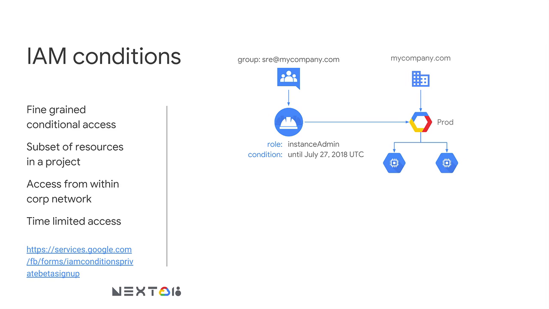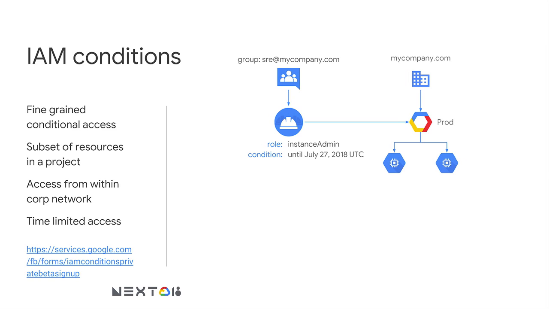This allows admins to assess the risk level of the user in that context at that specific time. So if a user is accessing your resources from a cafe, he may not be able to access sensitive data that he would be able to access if he were accessing from the corporate network.